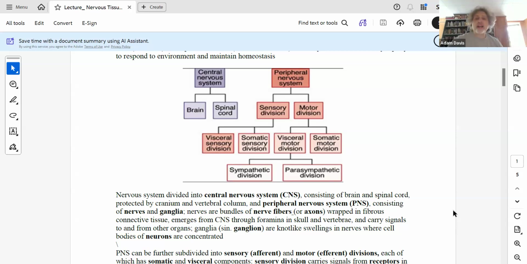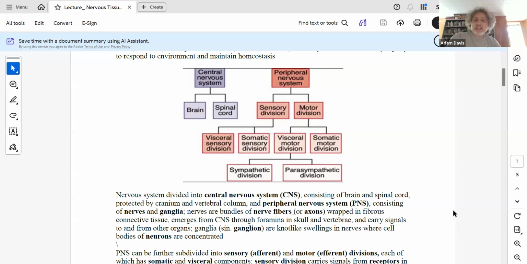Now, we could further divide the sensory division into two smaller subdivisions: the somatic sensory division and the visceral sensory division. The word somatic means having to do with the body.